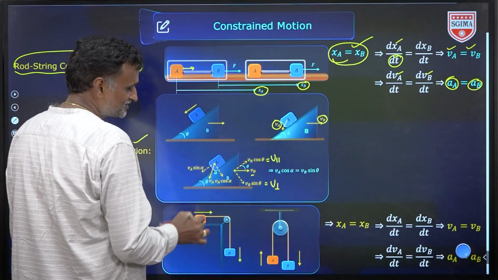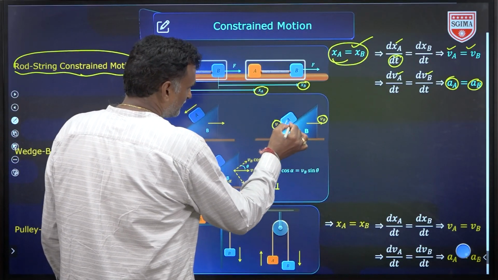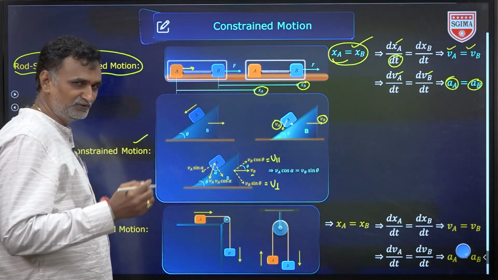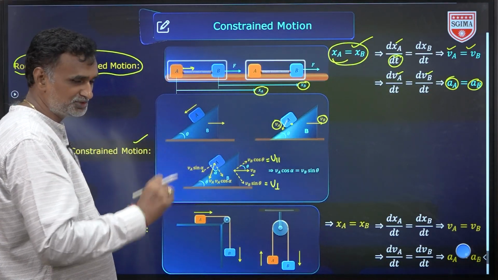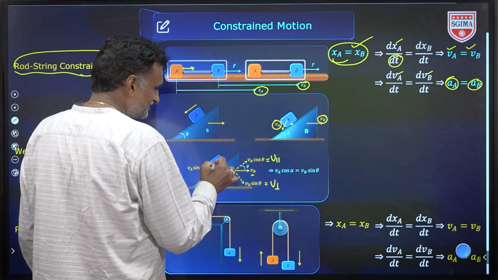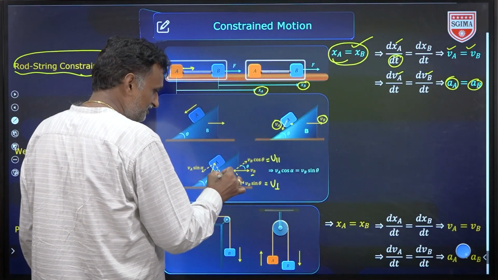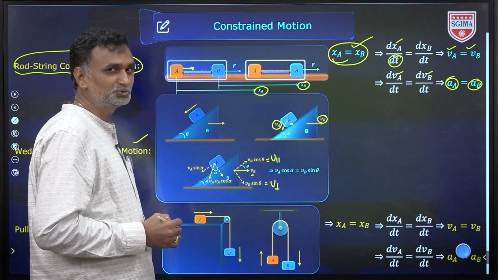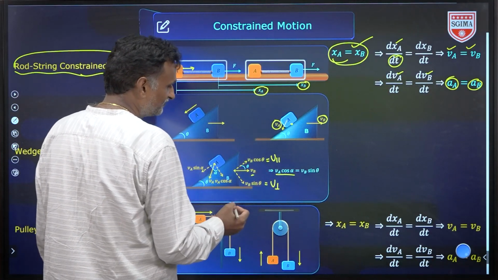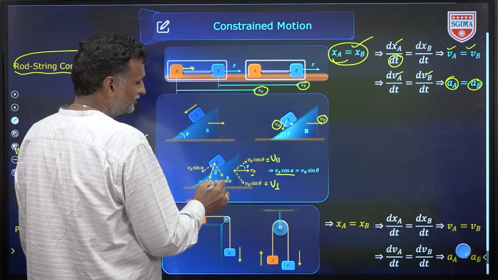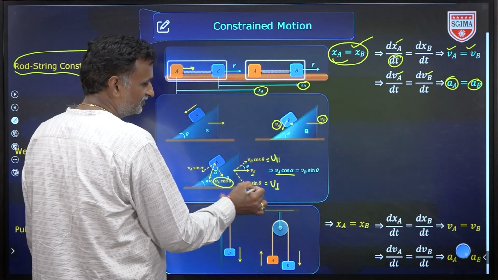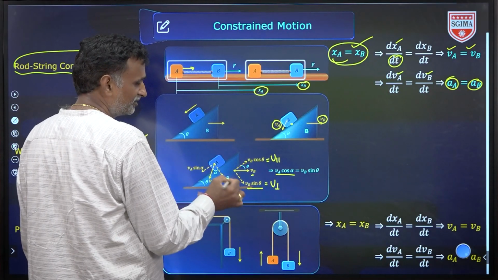In this case, to maintain the contact between block A and wedge B, the velocities perpendicular to this contact must be the same. You can see here Va cos alpha, this is the perpendicular direction. Next, here Vb sin theta, perpendicular direction.